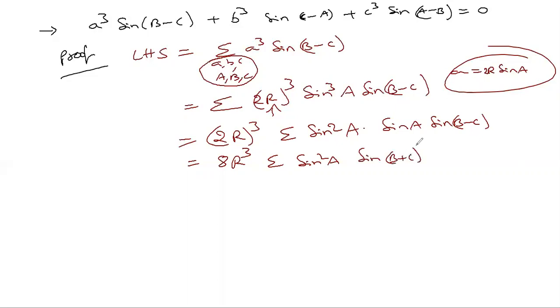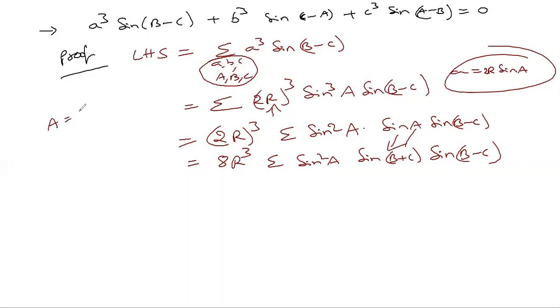Why? Because 180 minus (B plus C) is A, and sine of 180 minus theta is sine theta. So we can write this. Now it is into sine(B minus C). I think you got this.